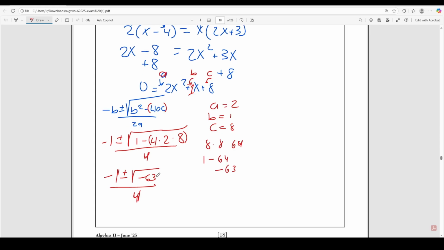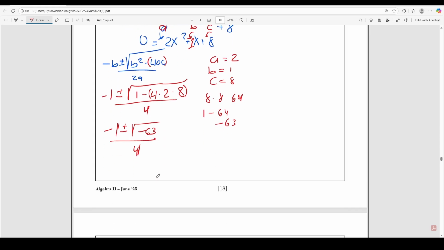Okay. So from here, the issue is we cannot have the square root of a negative number. The way that we avoid that issue is by remembering that whenever you have radical a times radical b, you can combine the multiplication underneath the radical sign, right?